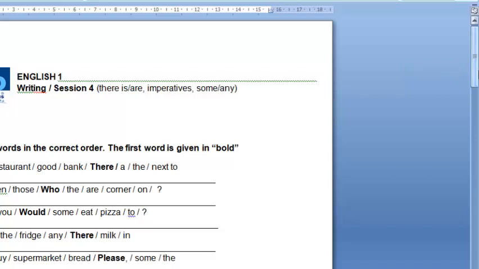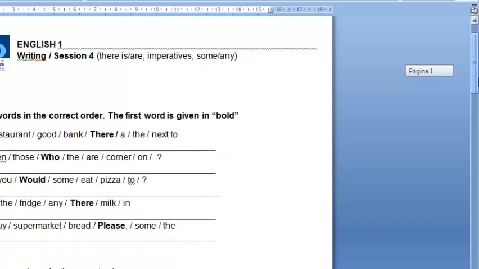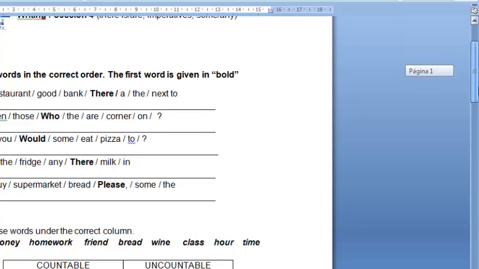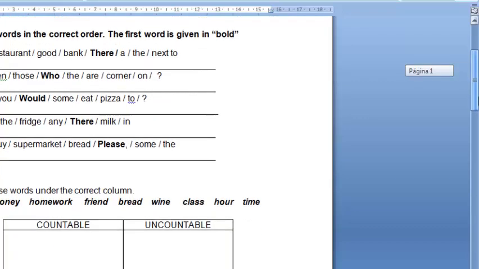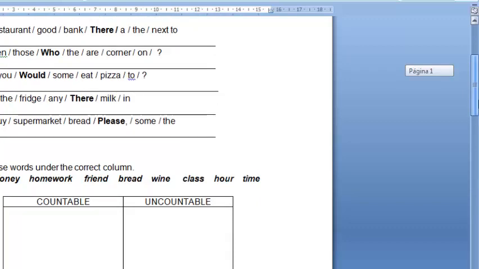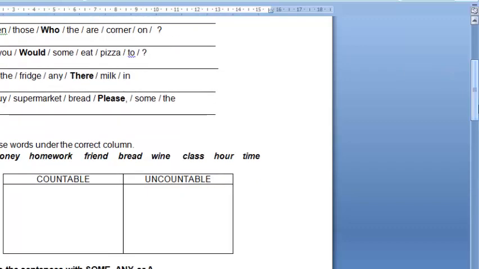The uses of would, who, okay, when do we have to use please? Here they are given number 2, the task in which they have to pick the most suitable word, for instance book, which is countable, or wine, uncountable, unless we are talking about a bottle of wine, which would be countable, and so on.